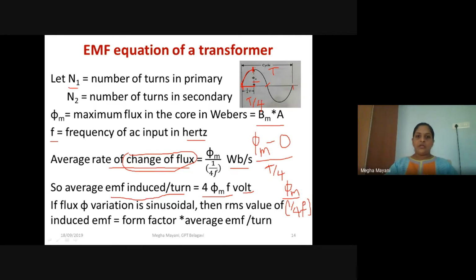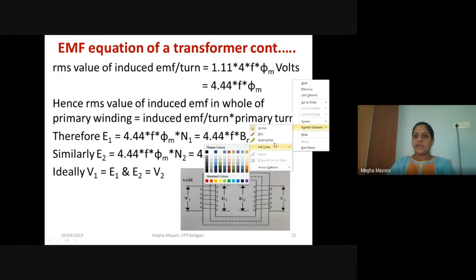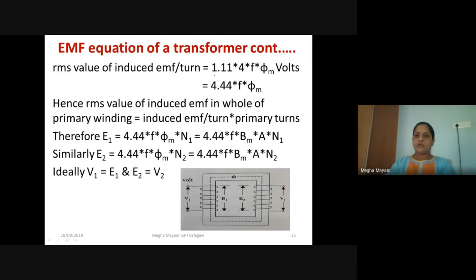Now if flux phi is a sinusoidal variation, then RMS value of induced EMF, we have seen the definition of form factor in the previous chapter, which is equal to RMS value by the average value. So we can always calculate the RMS value if we know the form factor multiplied by the average EMF per turn. Form factor for a sinusoidal, we have already done in the previous class, is equal to 1.11.